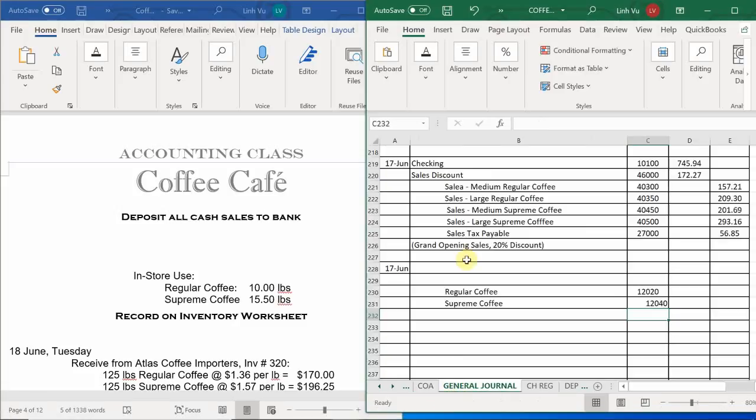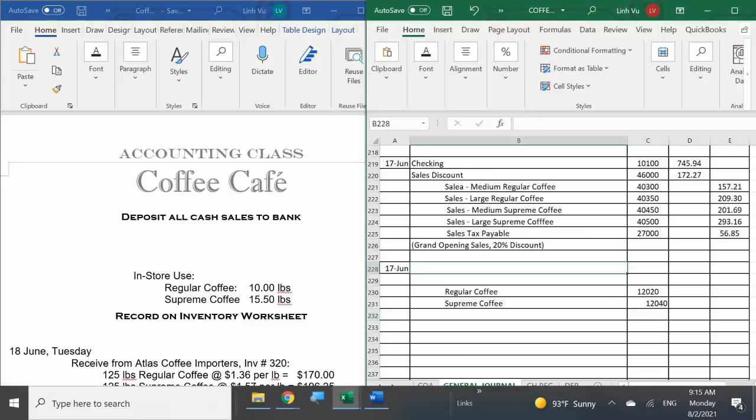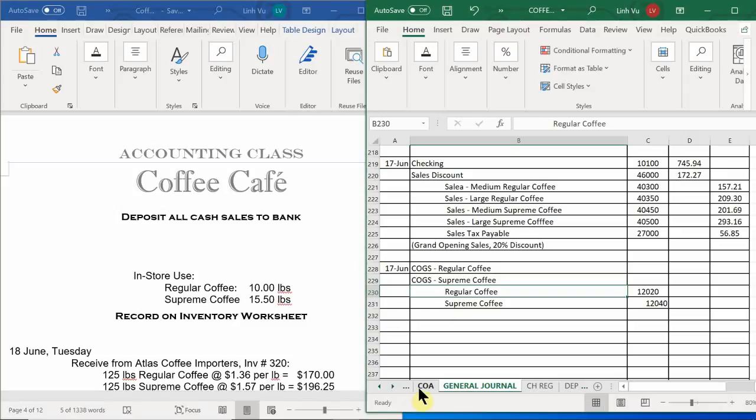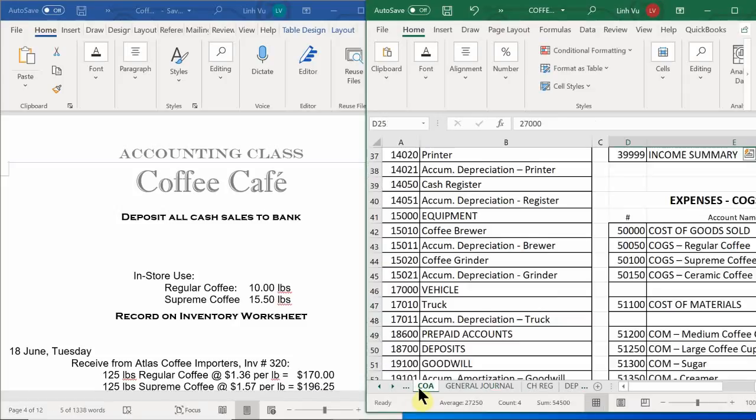Okay, excellent. So here, cost of goods sold, regular coffee. And then we got cost of goods sold, Supreme coffee. All right, let's go back and check out what those accounts are. 550 and 500, 100.